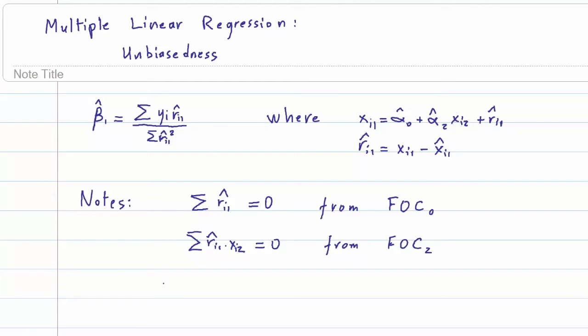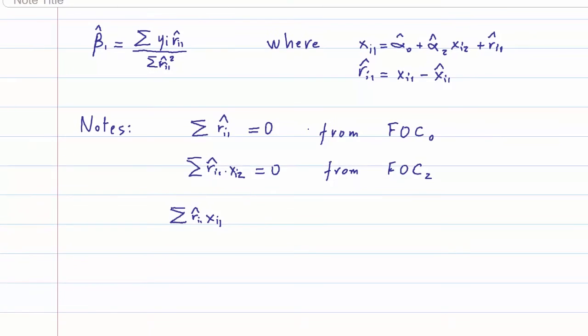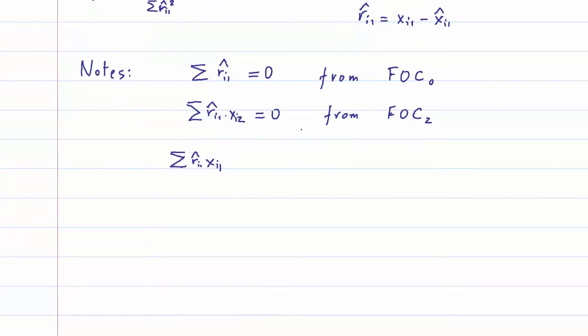And I need to find, because it will be useful later, the sum of the product of ri1 hat times xi1. So xi1 is not a regressor here, it's a dependent variable, where we have y usually. I'm going to expand this.